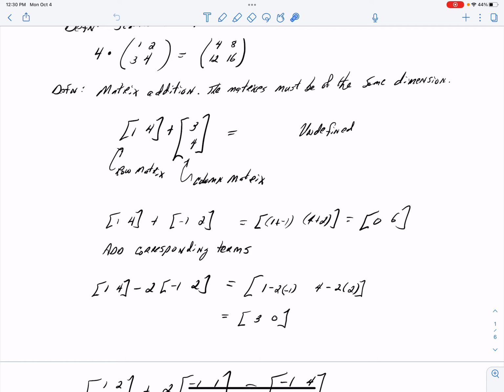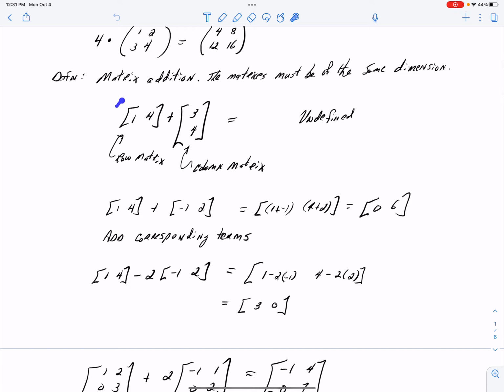The next binary operation is matrix addition. Now, to be able to add two matrices, they have to be of the same dimension. That means they have to have the same number of rows and columns.